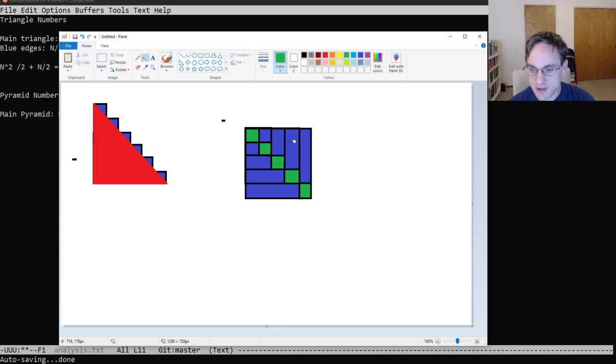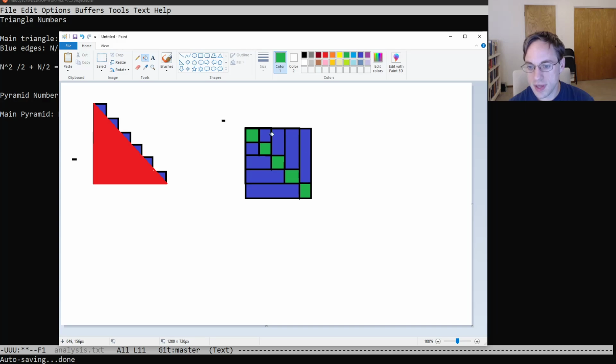So if you look at these sections here, you see it's 1 by 1, 1 by 2, 1 by 3, 1 by 4, etc. And so the area of those sections in total is actually just going to be our triangle numbers that we calculated previously.